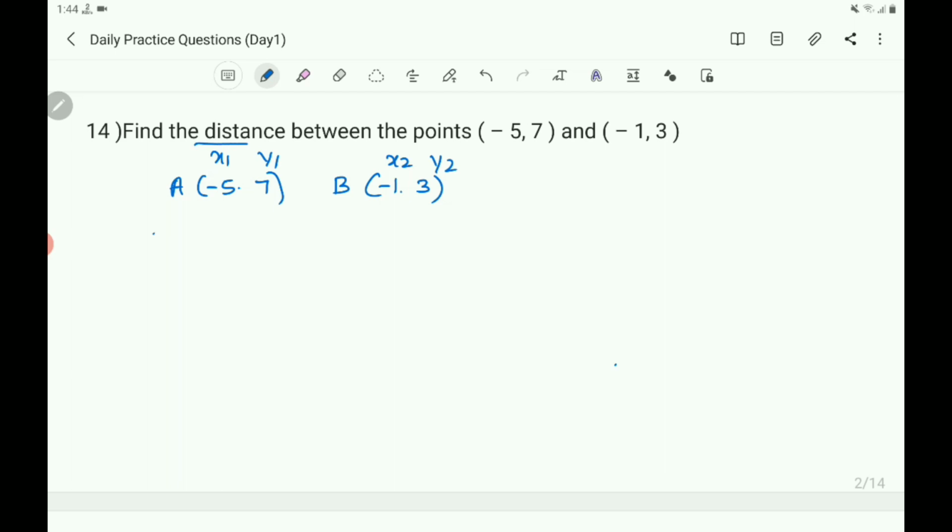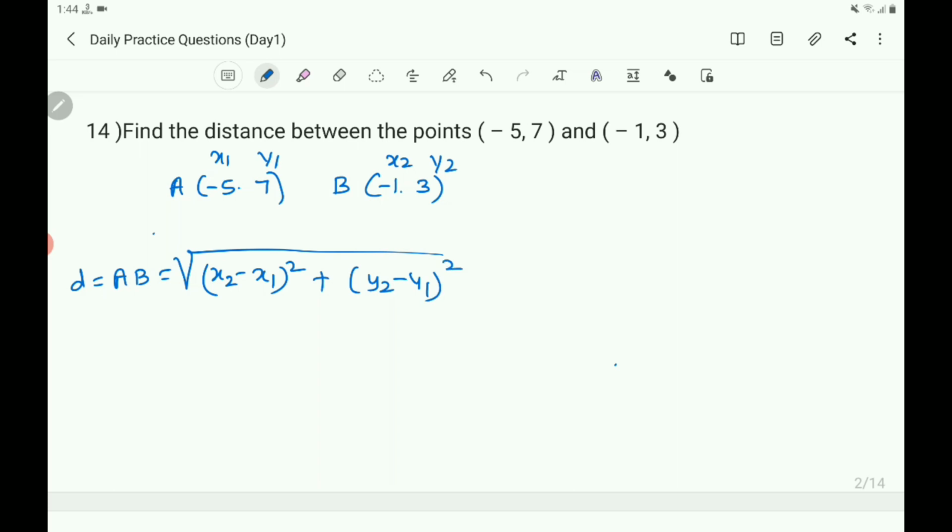Here we have to find the distance between the points. You write the distance formula. What is the distance formula? AB, or you can write D, equals square root of x2 minus x1 whole square plus y2 minus y1 whole square.